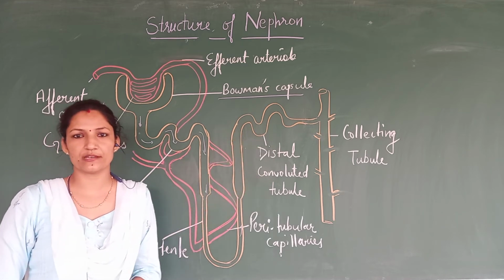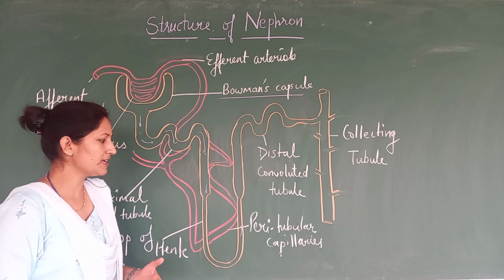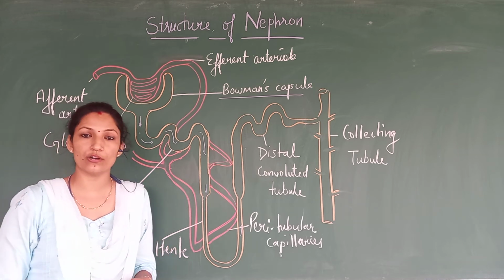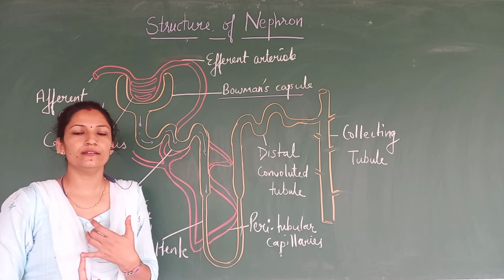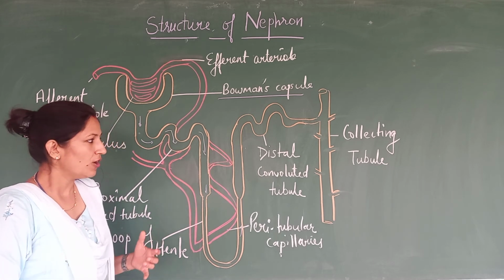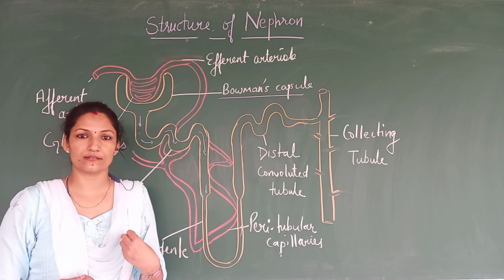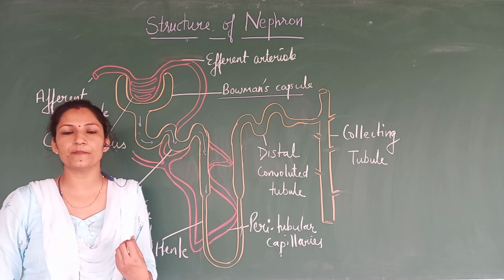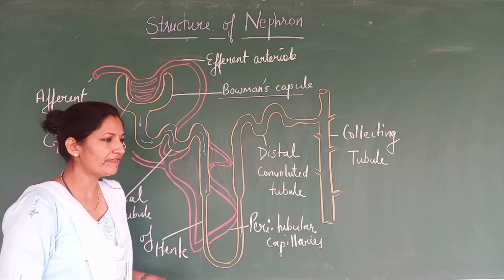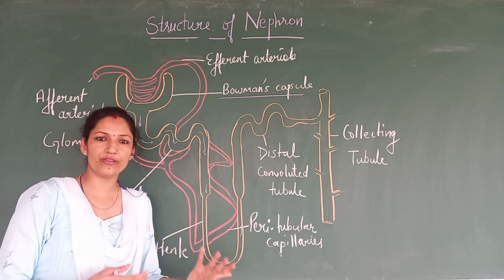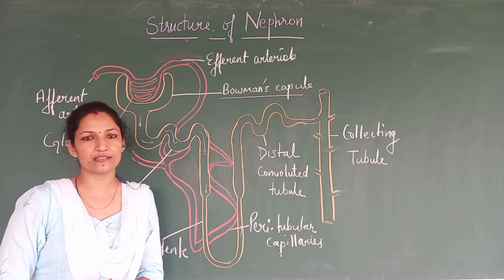For example, sodium, iron, water, chloride, bicarbonates, then hydrogen ions. All these ions and electrolytes or substances which are present in blood plasma or in nephric filtrate start moving due to the difference in concentration.